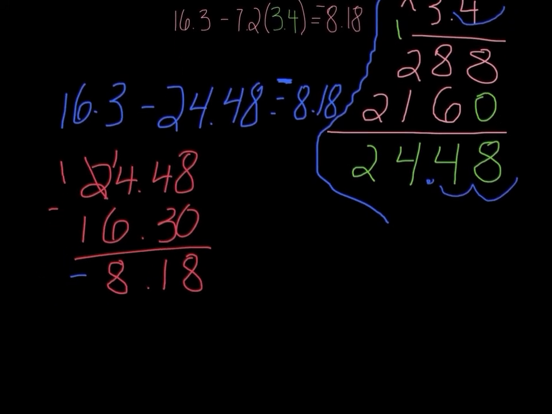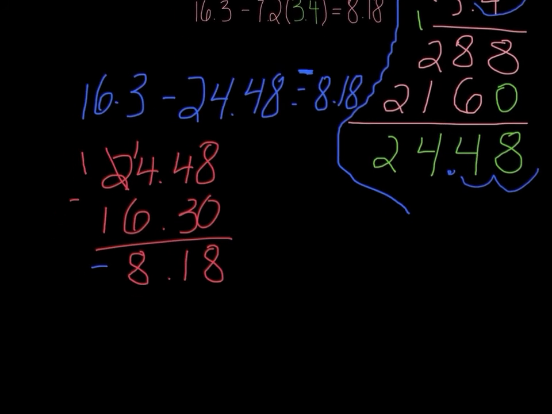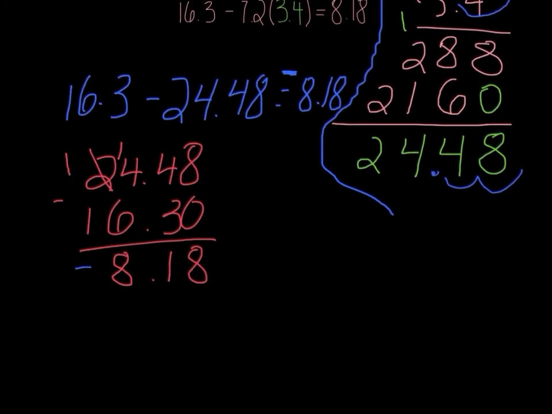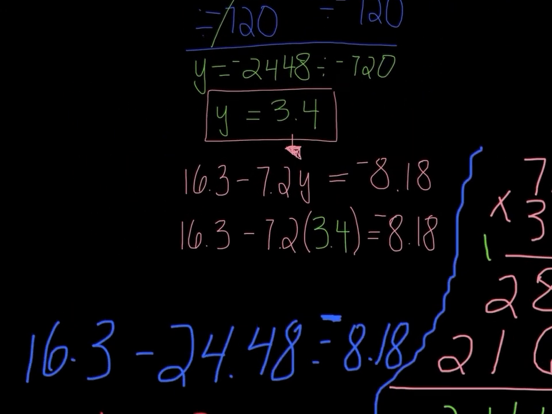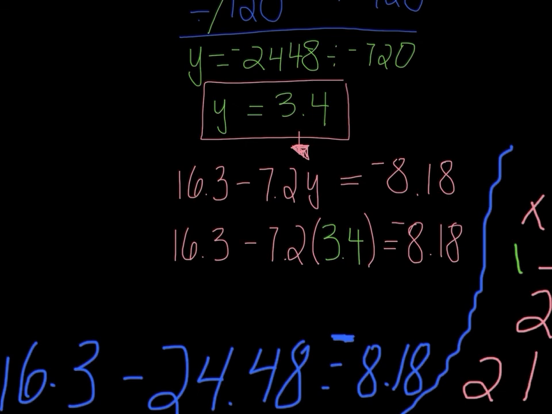I have shown that 16.3 minus 24.48 equals negative 8.18. And then from there, I'm going to pick a new color, something new. Oh, yellow. I haven't used yellow yet. And just write a big check to show that I checked out my work, and in fact, my solution is correct. So y equals 3.4.